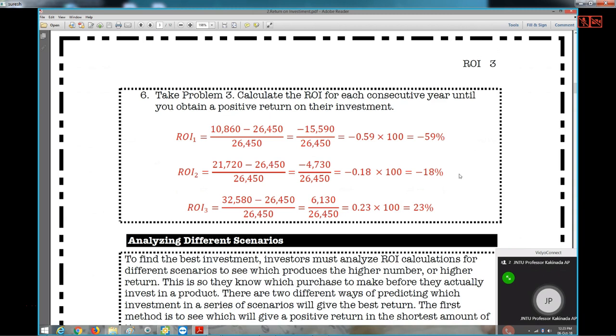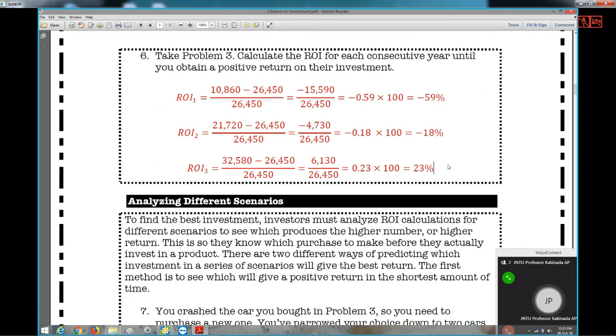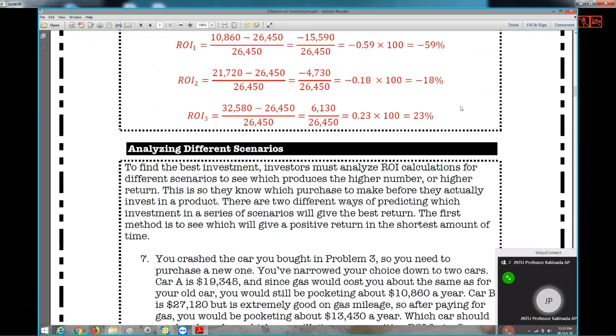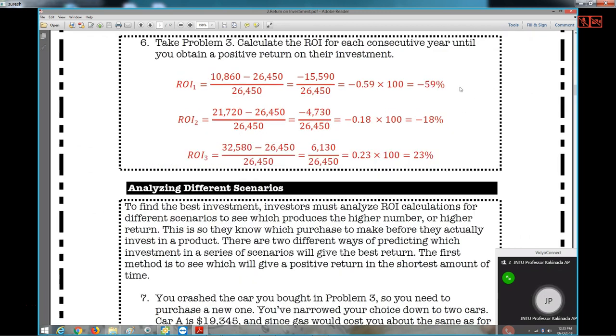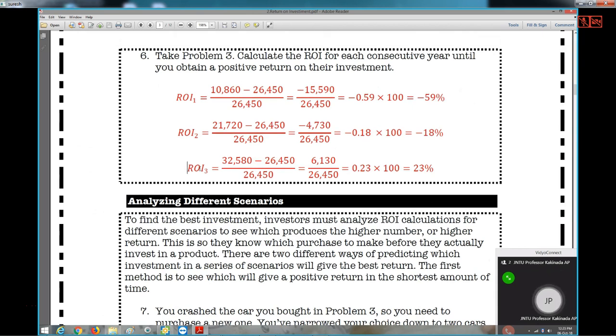For third year, 3 into 10,860, which is 32,580, minus capital cost 26,450 by 26,450, which is return on investment at the end of third year of 23%. That means if he is serving for 3 years with an annual return of 10,860, he is going to have positive returns on his investment. So return on investment is becoming positive.